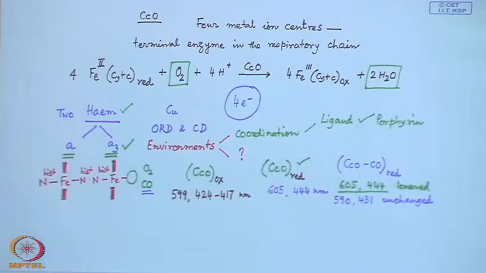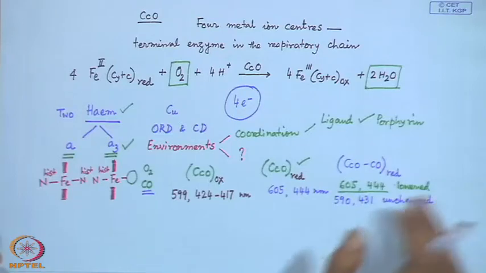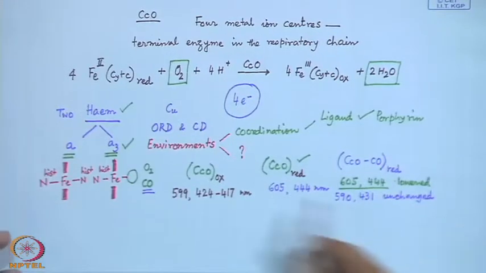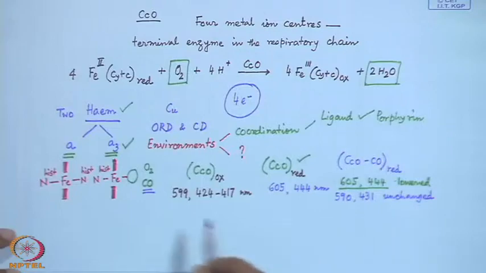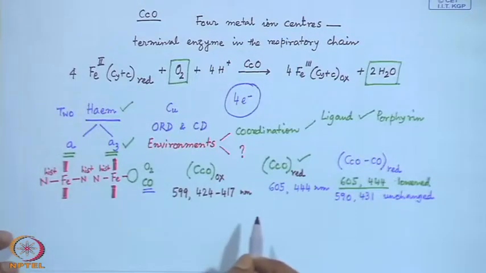So, if we can have a database like this, with all the spectral features for the oxidized form, the reduced form, as well as the intermediate ones, it would be very easy for us to identify these particular forms.